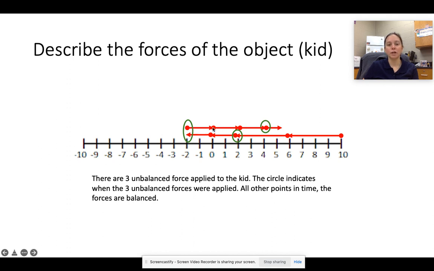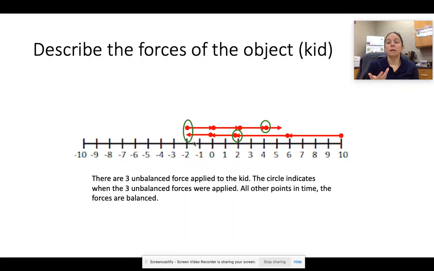I have no change in velocity, no change in velocity, no change in velocity, but just that change in direction. Then again, what happens here? I have a shorter line, so this object is slowing down, and again I have an unbalanced force. So I have 3 points in time where I have applied an unbalanced force to this object, to the kid.